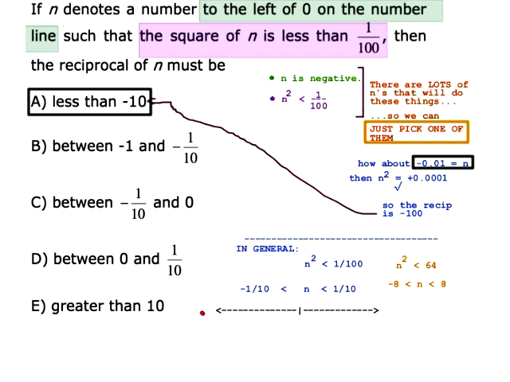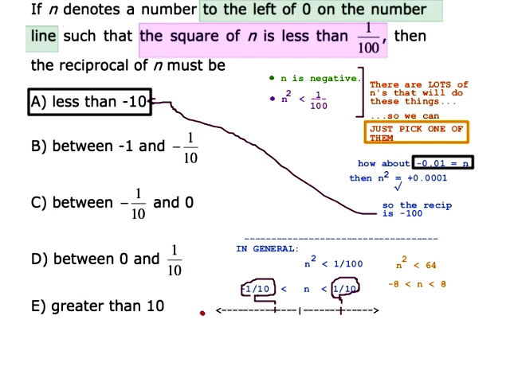So here, let's put little notches there for -1/10 and +1/10. This would be -1/10, and this will be +1/10.